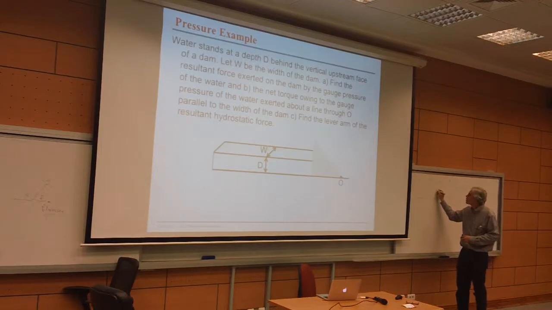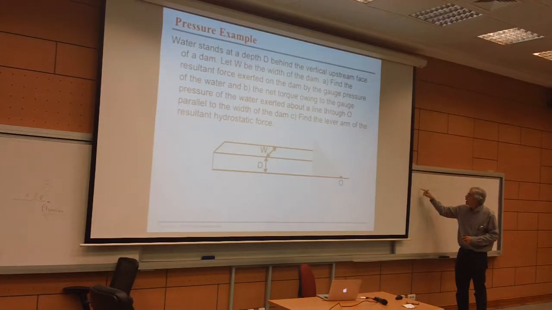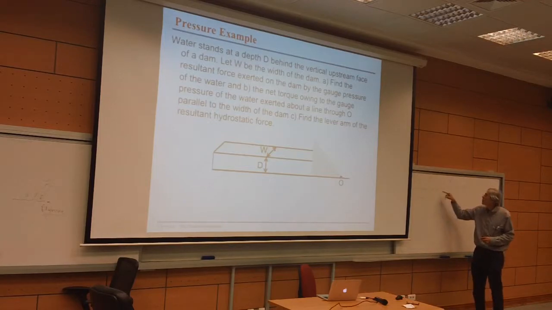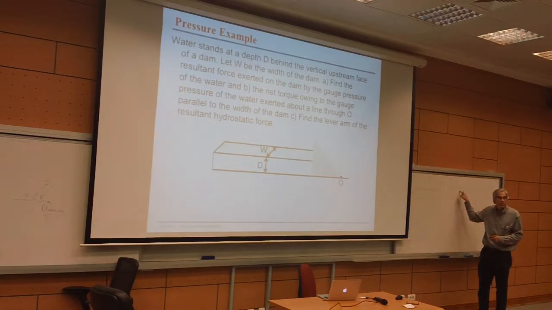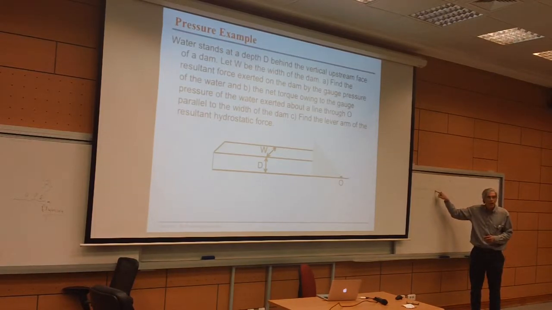But what we can do is cut up the dam into strips of length dy. And all along this strip we have a constant depth. The depth is y. So here we can say the pressure is constant, and we can say that the force is constant.